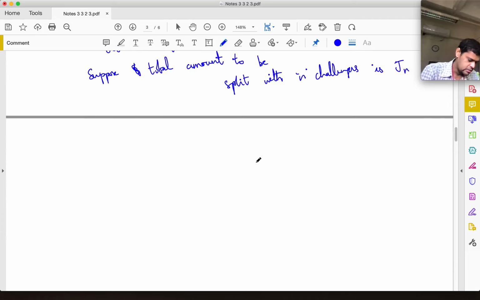So what we want is that his reward, initially, when there are n challenges, he's going to get k out of n times Jn. Right? We obviously have to divide this reward equally among the n people who have challenged. And this we want larger than when he submits yet another challenge.